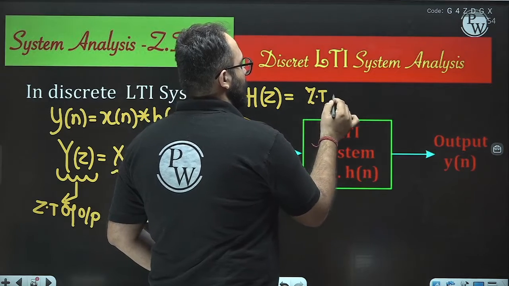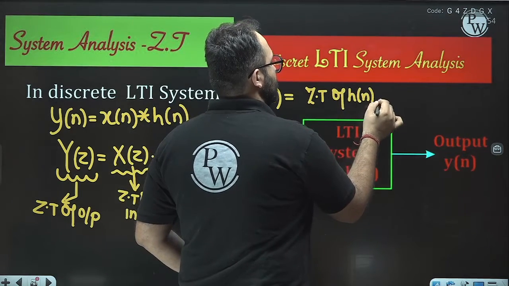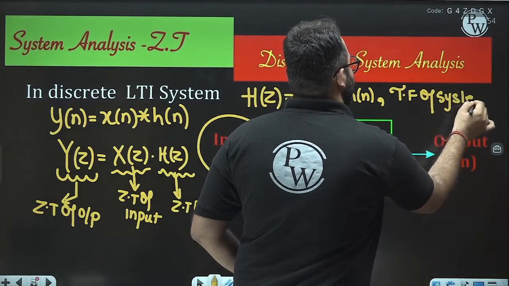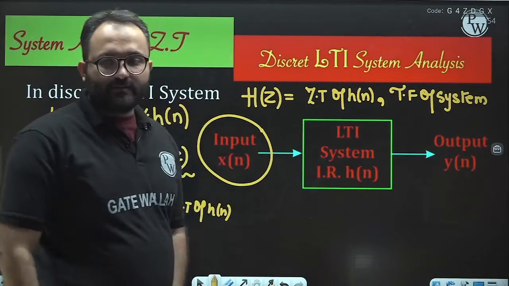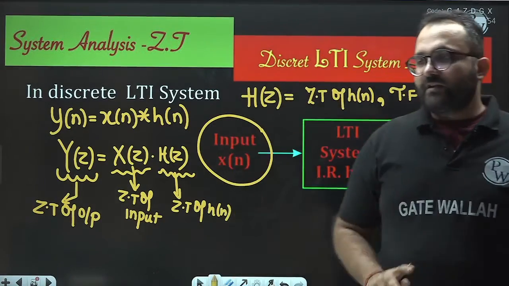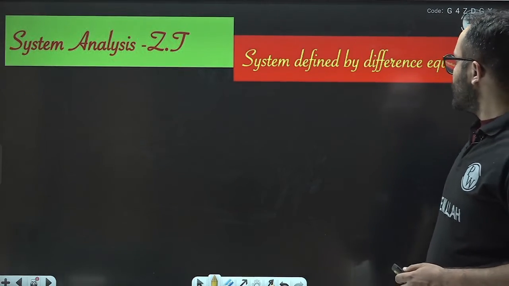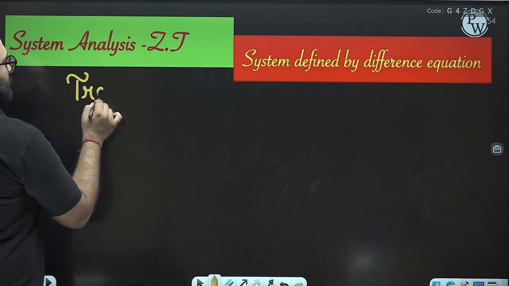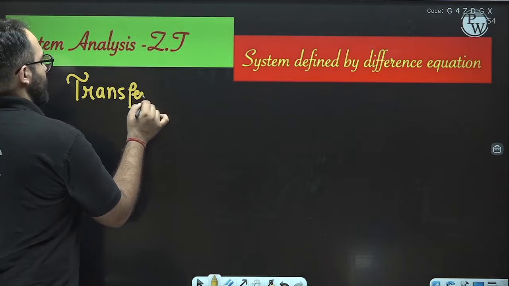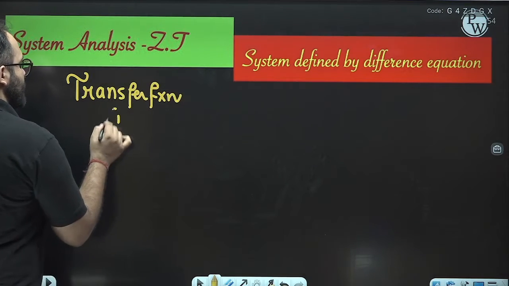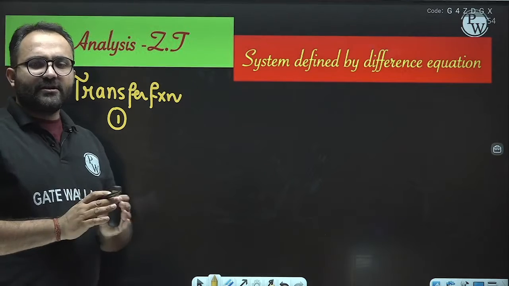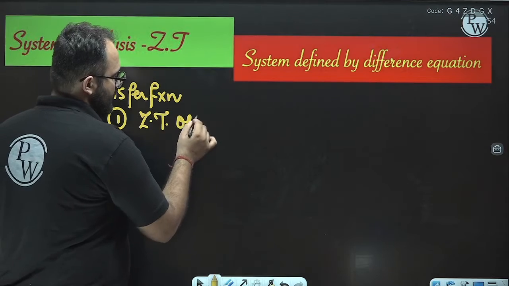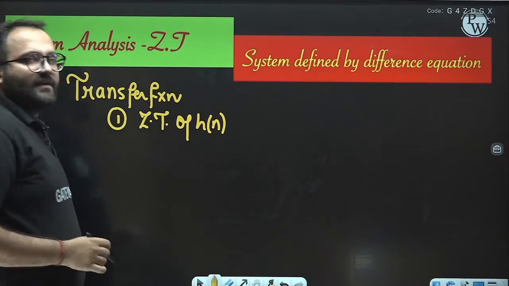The Z transform of h[n] is the transfer function of the system. Okay, so there are two important things about the transfer function. First, transfer function is the Z transform of h[n], where h[n] is the impulse response of the system.